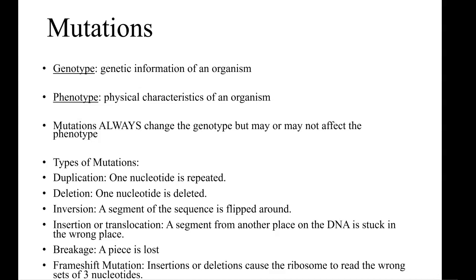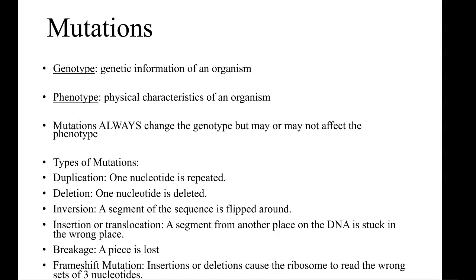If there was a change in genotype and we ended up with a different codon, if you remember that codon table, we could have 4 codons code for an amino acid. So if we ended up with a mutation that changed the codon, but we still ended up with the same amino acid, we didn't actually change the phenotype. And in that case, the mutation didn't really make a difference.